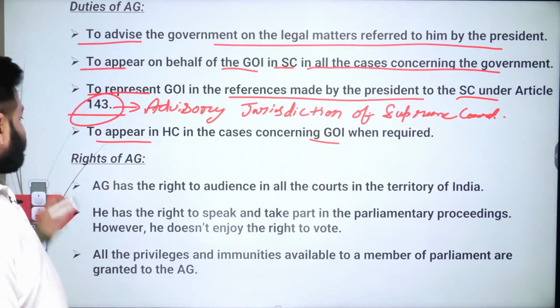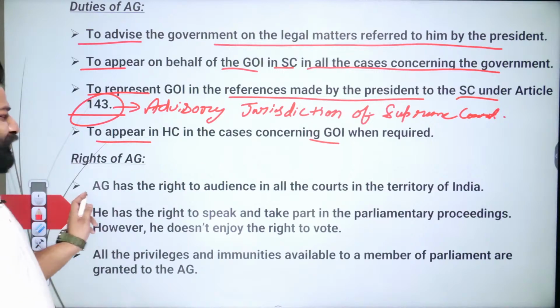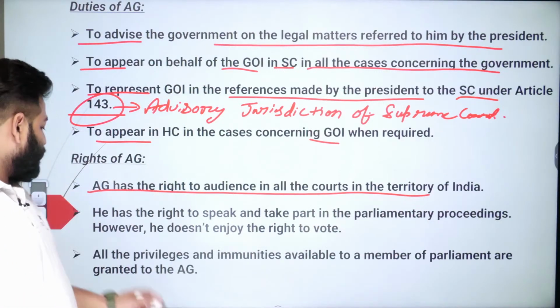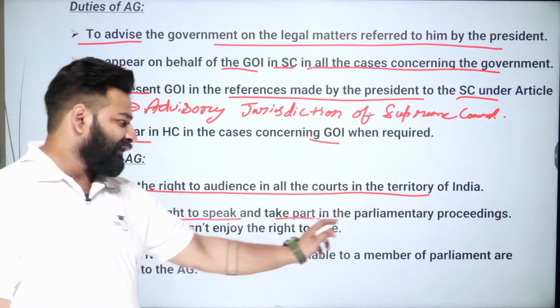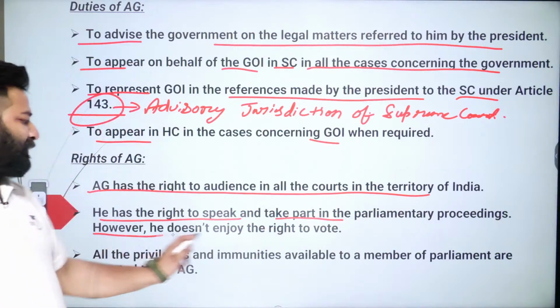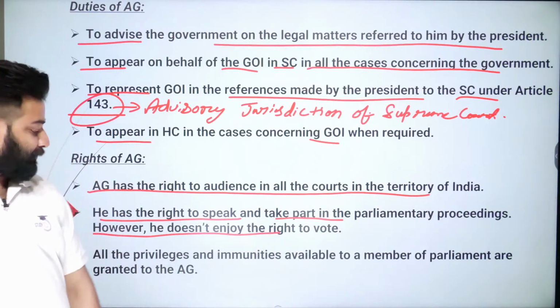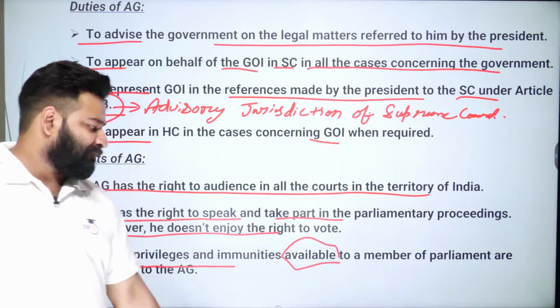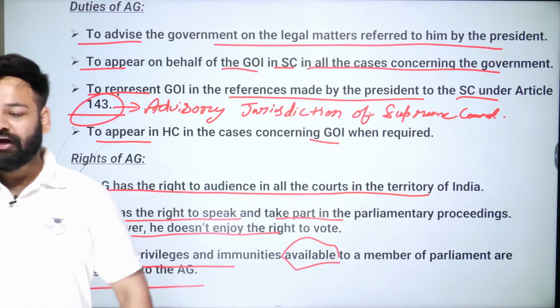The rights of the Attorney General: has the right to audience in all the courts in the territory of India, can appear in any court. Next, has the right to speak and take part in the parliamentary proceedings, but does not have the right to vote. Third, all the privileges and immunities available to a member of parliament are also granted to the Attorney General.